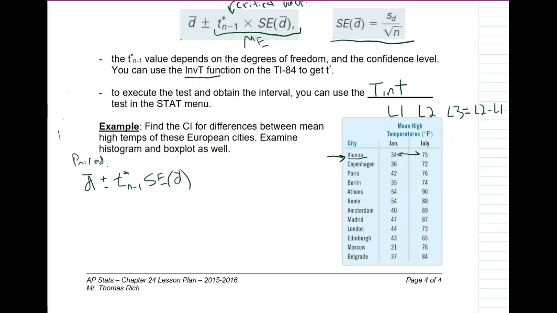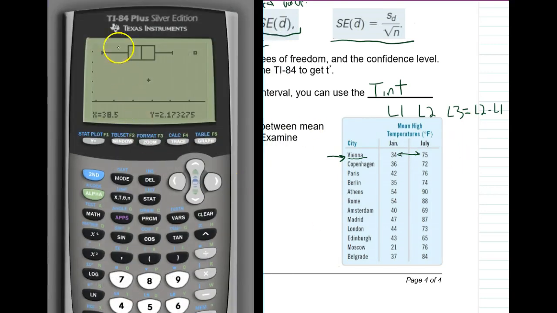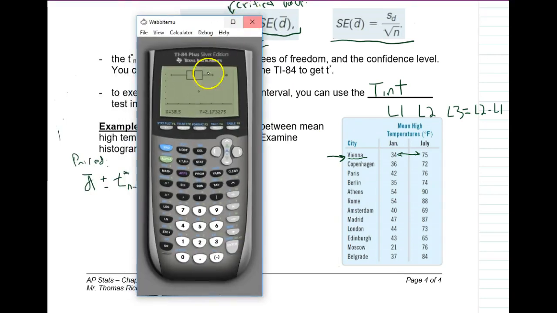Going back to the calculator, I need to run 1-Var Stats. So I'm going to do STAT, CALC, 1-Var Stats, on L3, which is the differences in the temperatures. Frequency list is blank, calculate, and that's what I need.